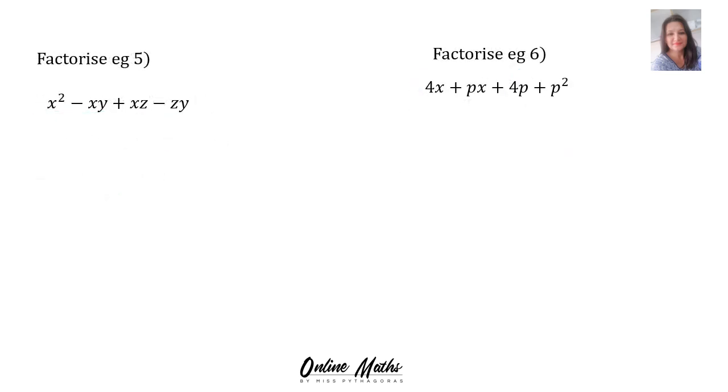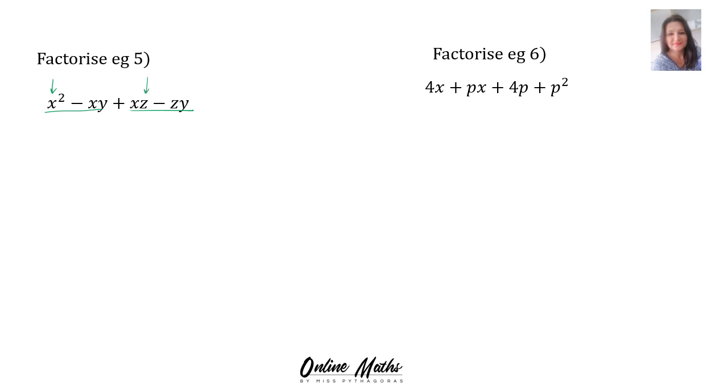Example 5. Factorize. Again, there are 4 terms, so I will group. I'm going to group the first 2 together and the last 2 together. On the first 2 terms, I'm going to take out x as a common factor, and then I'm going to take out z as a common factor.